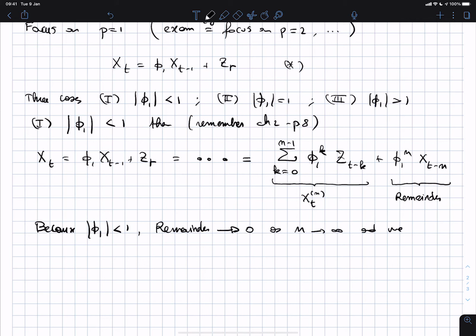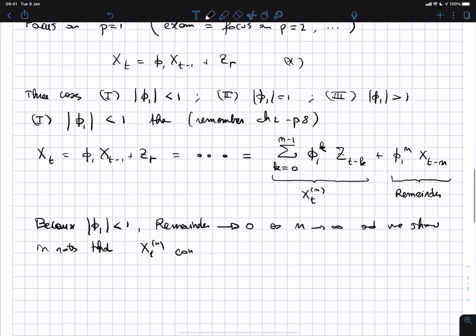And we show in the notes that xtn, this finite combination of these factors here, converges in L2 to this process here.